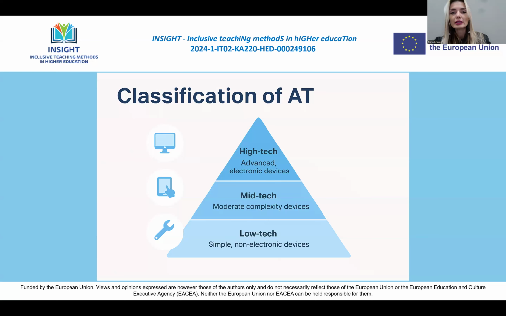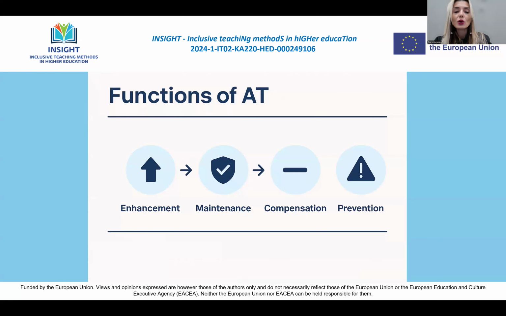So next, continue. Functions of assistive technology. According to functional purpose, it can be communicative assistive technology, which provides alternative or additional means of communication for individuals who cannot use spoken or written language. This includes communicators, specific application devices with pictograms or speech synthesis that help express thoughts, needs, and emotions.